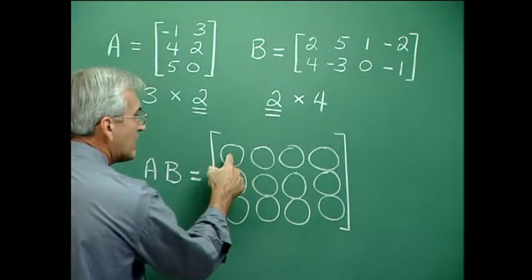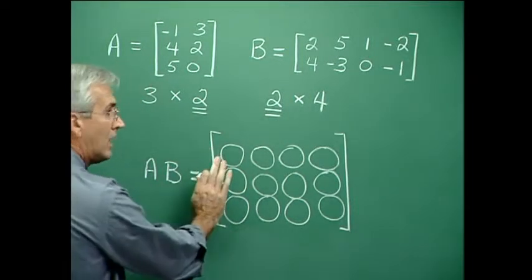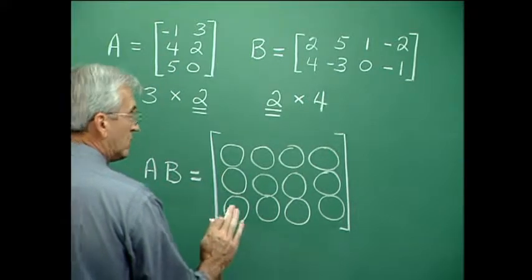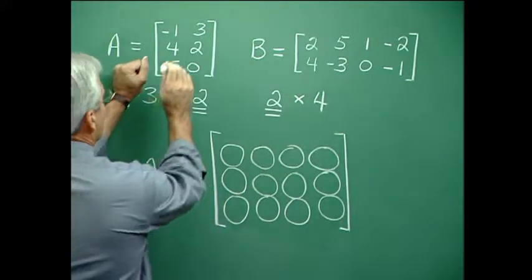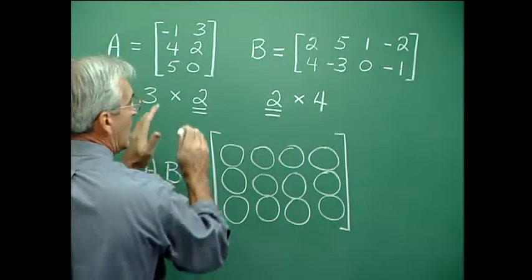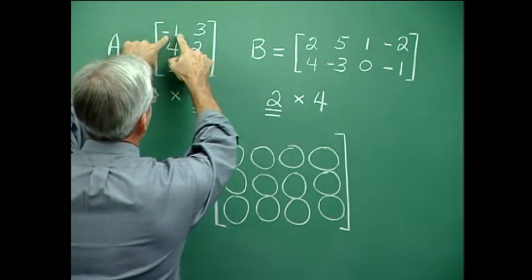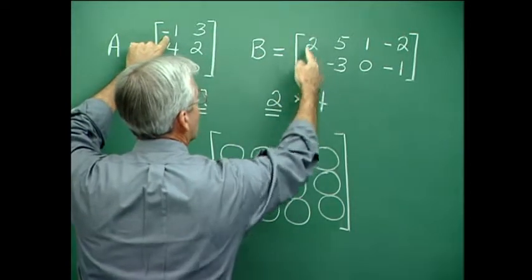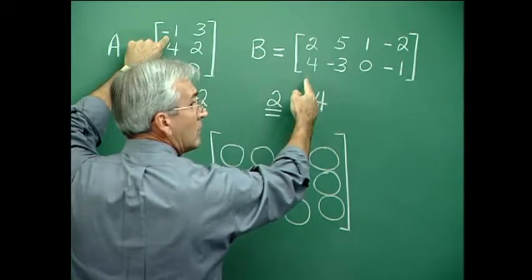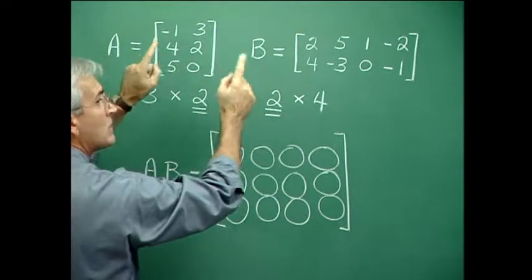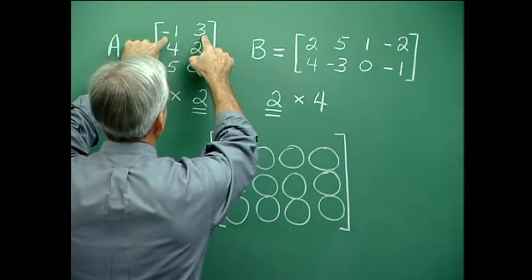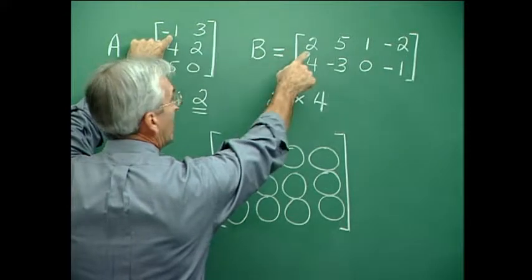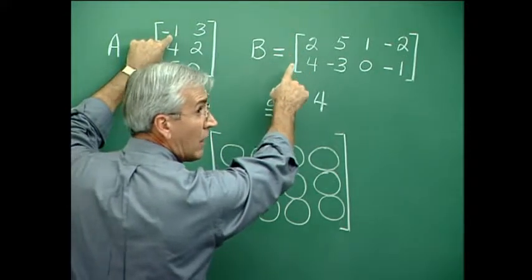Now, this item is in the first row, first column of our answer. And here's what we do. Now, first row, first column. We take the first row of our first matrix and the first column of the second matrix. And we perform this operation. We take the entries here in this first row, and for each entry we're going to multiply times the entries over there.